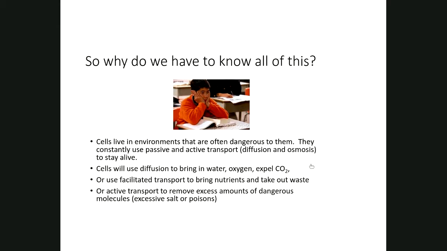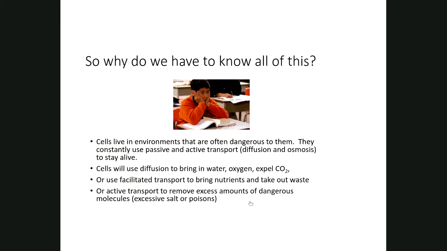Okay, active transport can be used to remove dangerous chemicals, say a buildup of salt inside the cell for whatever reason, or you spill a chemical, say you spill a chemical on your hand, like alcohol, for example, or bleach or something in your house.